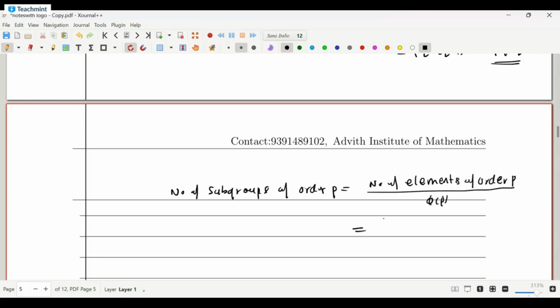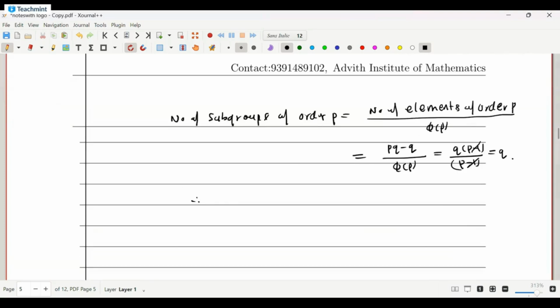So number of elements of order P is PQ minus Q divided by phi of P, sir. So which is equal to Q common, P minus 1. Phi of P is also equal to P minus 1, sir. These two get cancelled, then you will get Q. So therefore the number of subgroups of order P is equal to Q, sir.